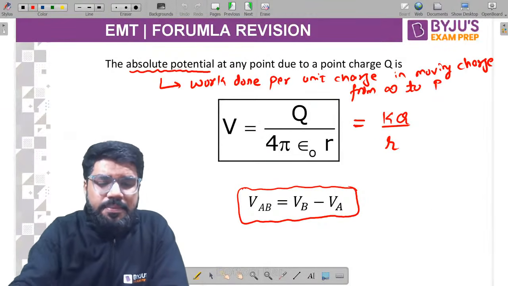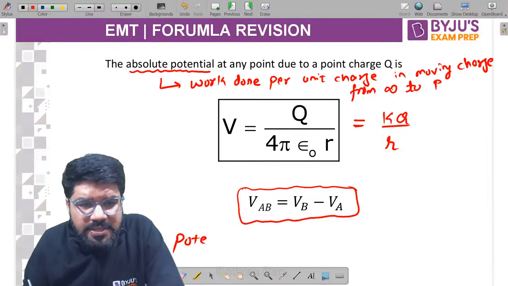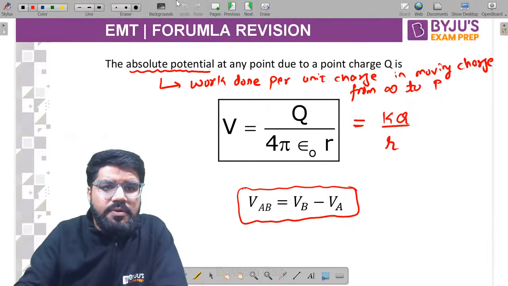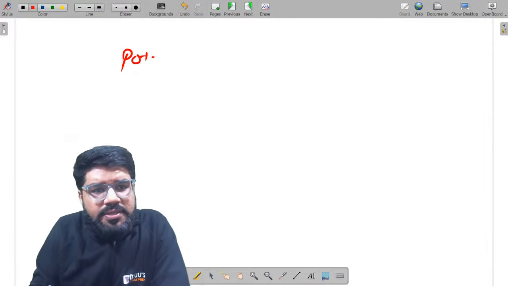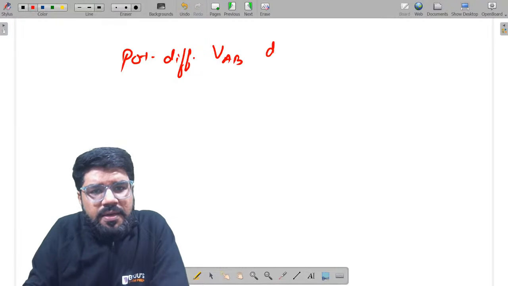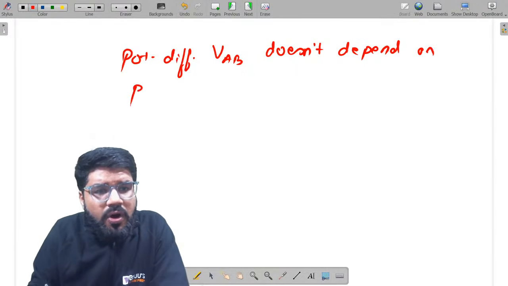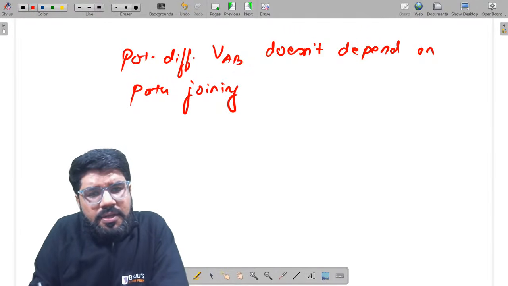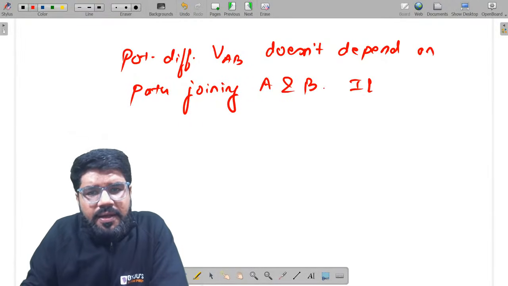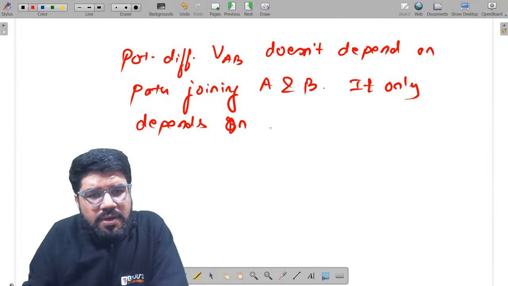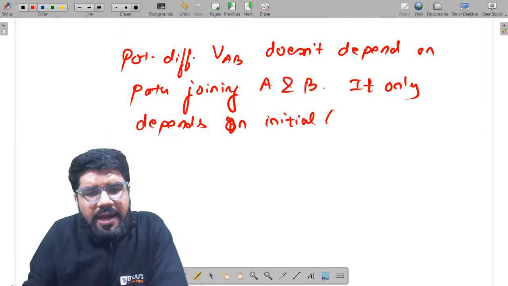This is also related to the concept that the potential difference VAB does not depend on the path joining A and B. It only depends on the initial and final points.